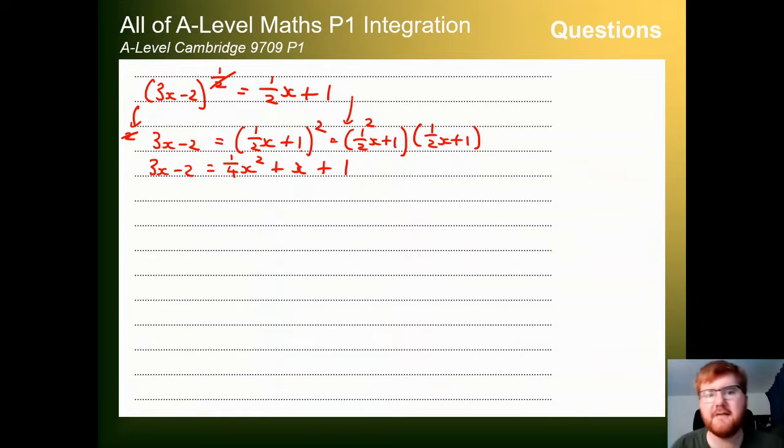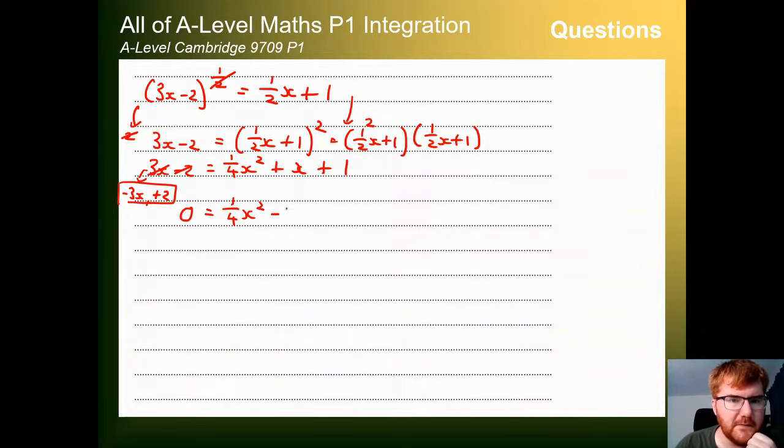Now we want everything to one side of the equation, so I'm going to minus 3x and plus 2 on both sides. That cancels this through to 0, and the quarter x squared stays as it is. We've got x minus 3x is equal to minus 2x, and then 1 plus 2 is equal to 3.